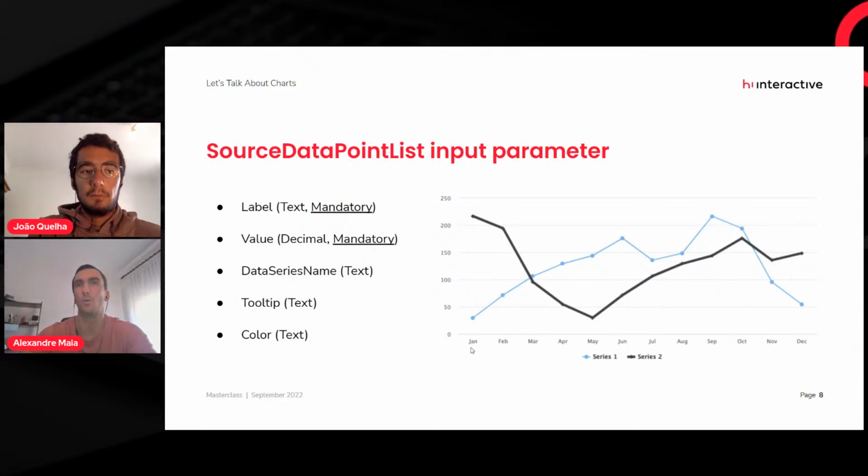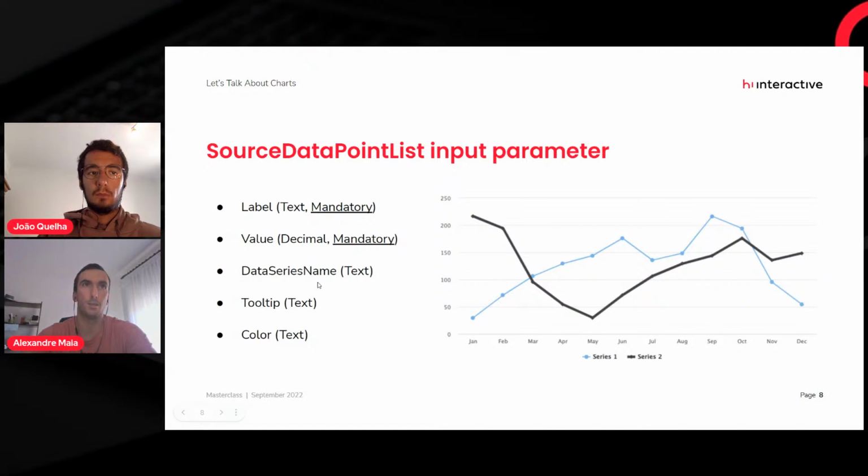So in this case, you are going from January to December, and the value will correspond to the Y value that you have here, in this case for this series, and in this case for this other series. So it's basically the X-axis and Y-axis.